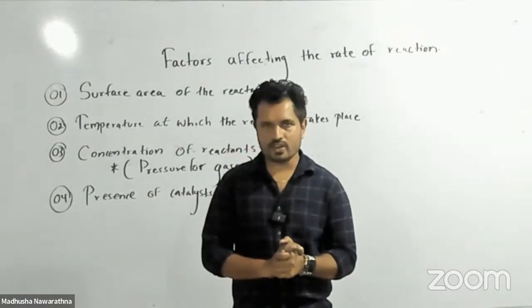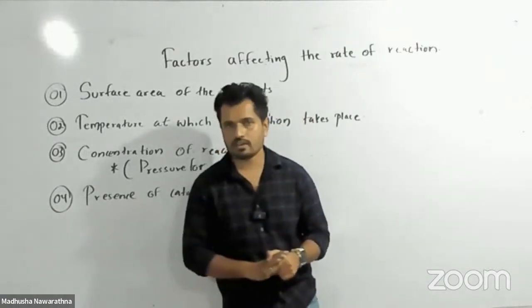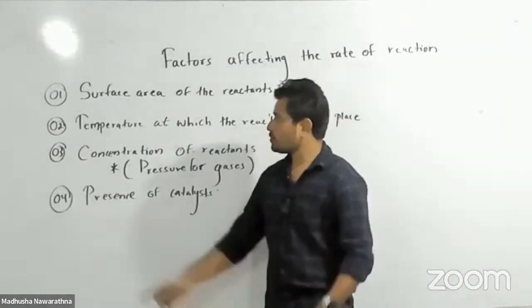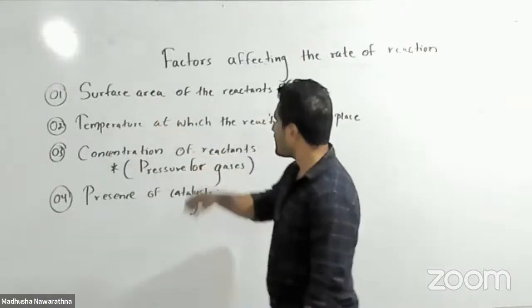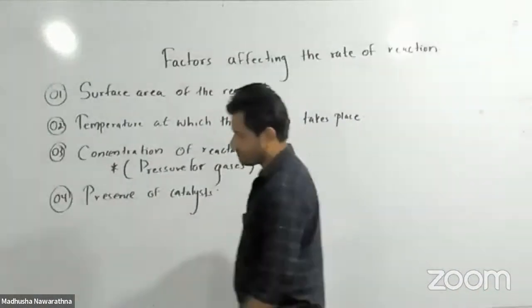So therefore you can observe a higher dissolution rate, higher rate of reaction with powdered form. So in powdered form you observe the higher surface area than in all the other forms. Okay, right?